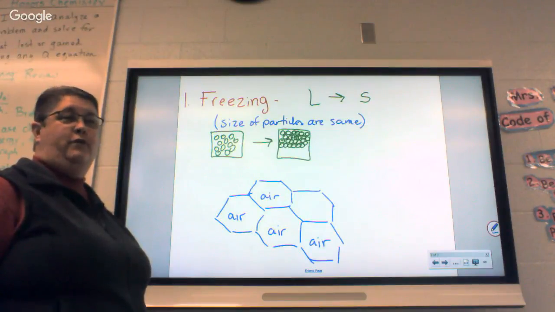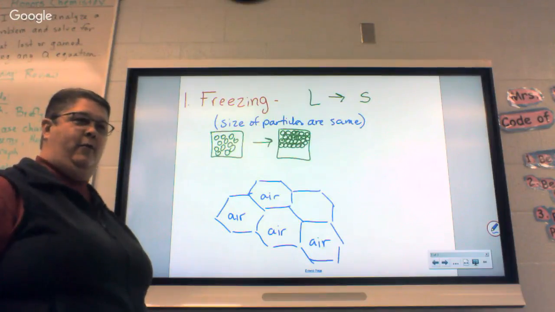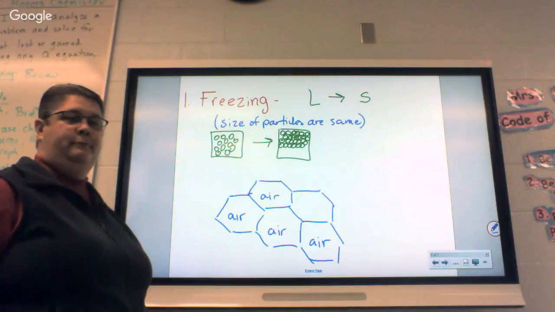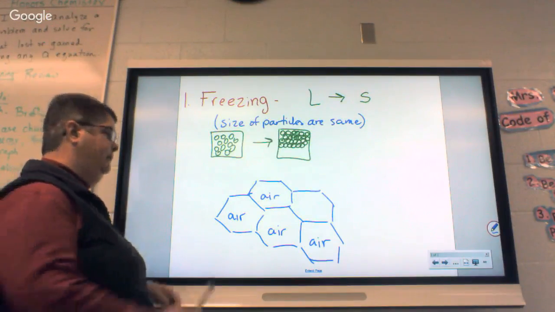That's why, if you're smart, you drink a little out, pour a little out, stick it back in, and when it freezes, it won't crack the container.